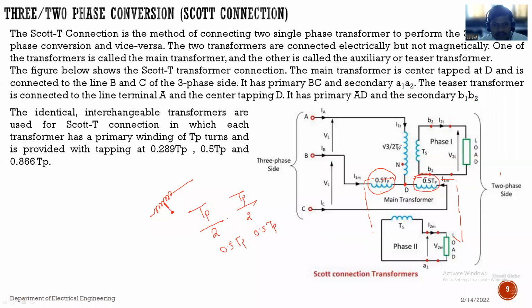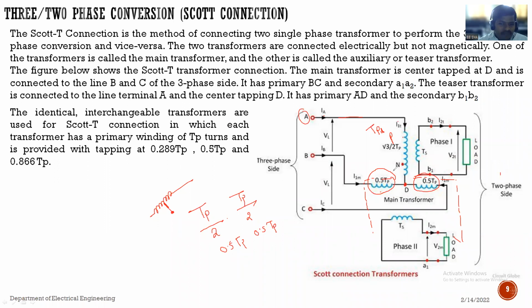See, one terminal of the teaser transformer is connected to the line through a winding, that is the primary winding of the teaser transformer. We can call it the TP of the teaser transformer.